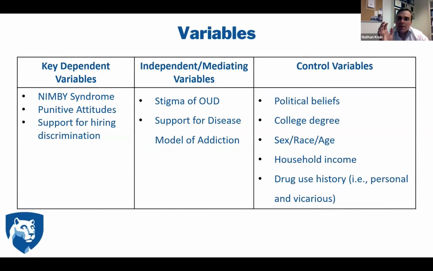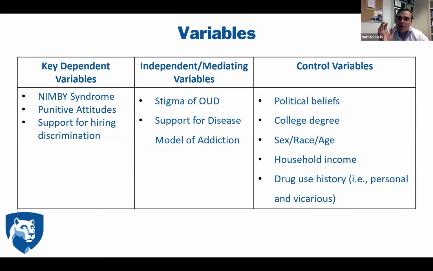Put another way, not supporting the disease model of addiction or seeing it as some form of a moral failure is a positive predictor of stigma of OUD. And that in turn shapes, in this model here, one's support for NIMBY syndrome, or not wanting to have MOUD treatment facilities located near their home.